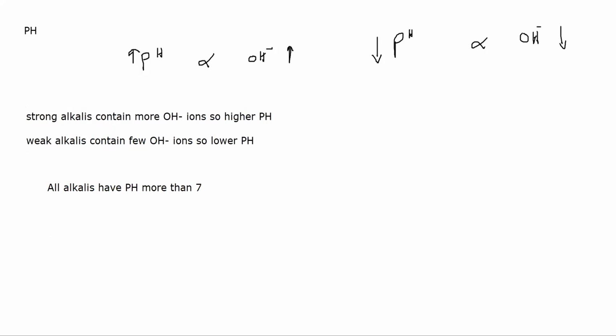For example, you have two alkalis, alkali A having a pH of 10, and alkali B having a pH of 13. Which alkali is strong here?